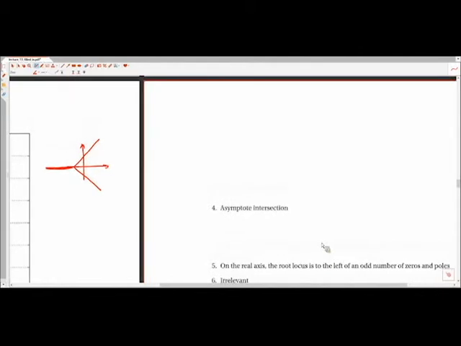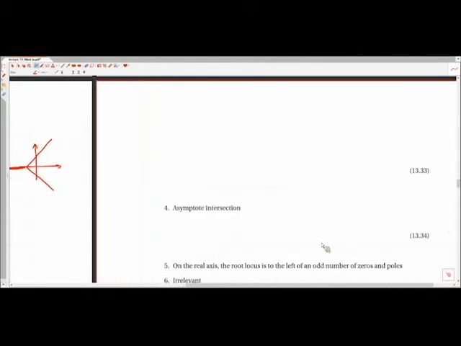Okay, so the way in which we find this, all right, we solve for all these.